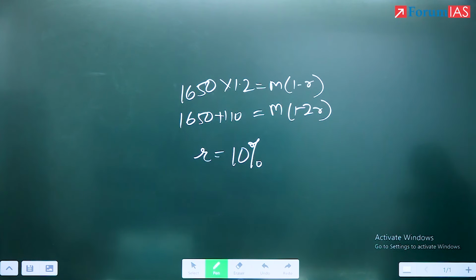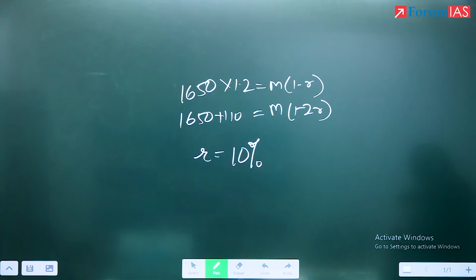What is the marked price? Based on this. Marked price कितनी आई? Solve करो. R is equal to 10%. What is marked price? Marked price is equal to this is equal to 1760.